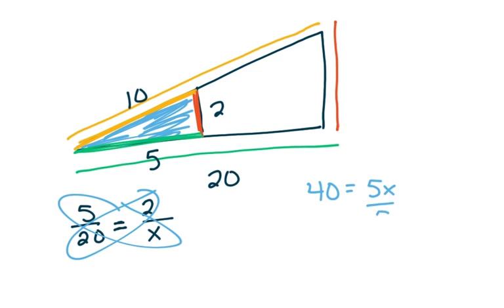And now I can go ahead and divide both things by 5, and I find that x equals 8. So the height of this larger triangle would be 8. And then if I also wanted to find the length of the diagonal, I could do the same thing. But this is a second way that we show similar shapes. So this one is when we split it in half to make a smaller shape that looks exactly the same within the larger shape.